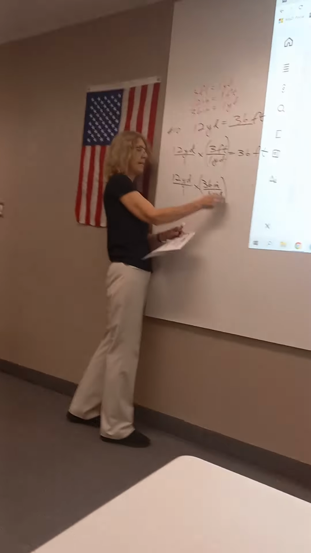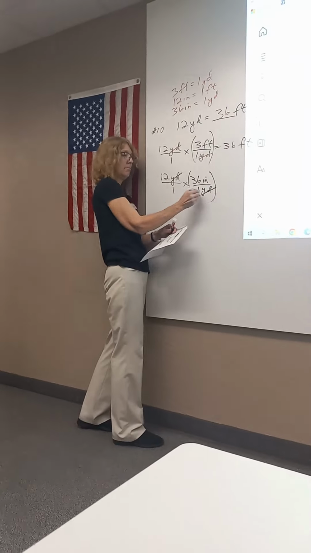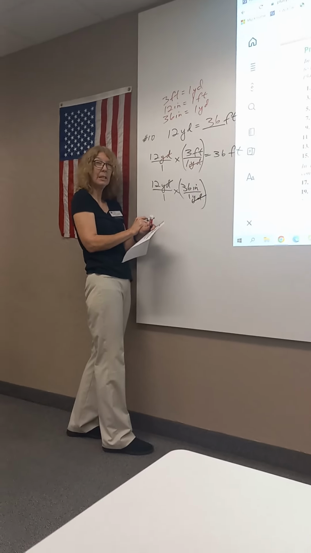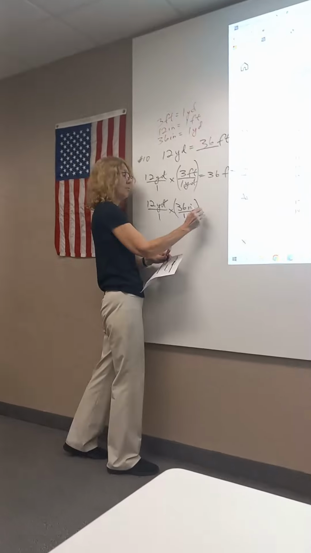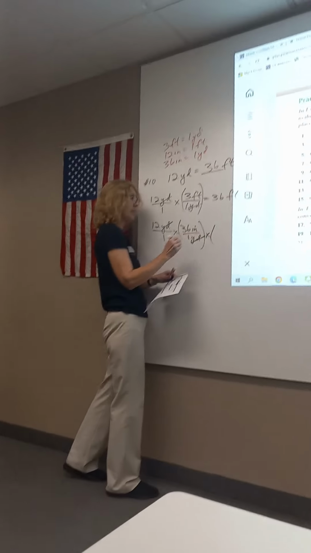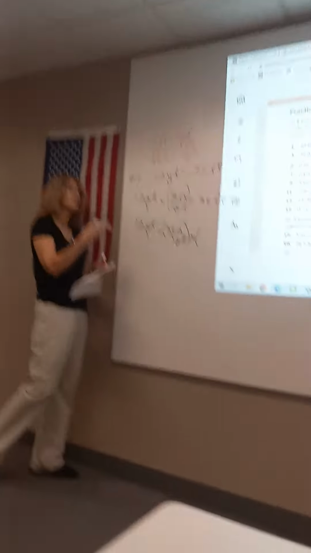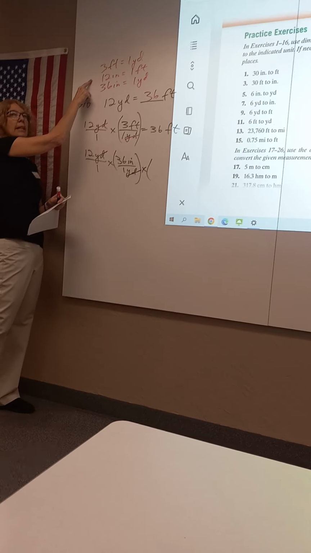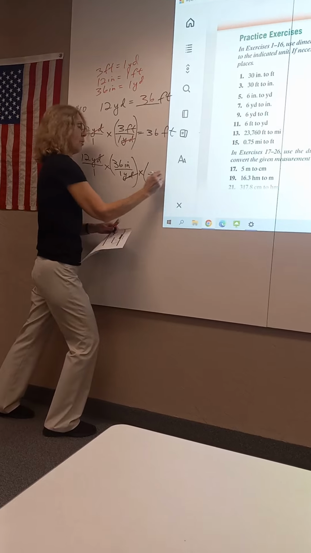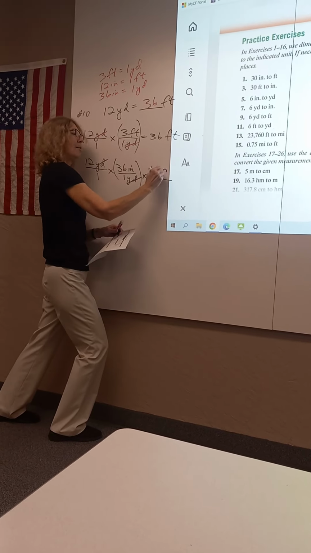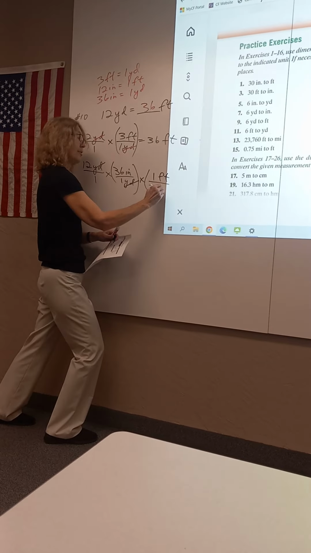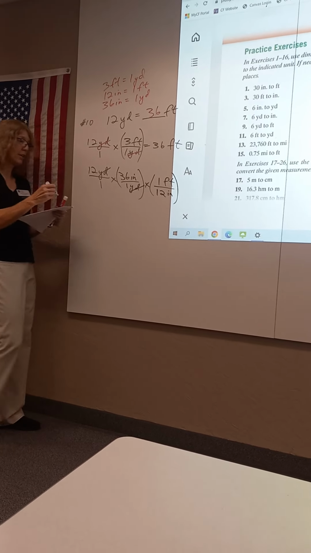At that point, I'd not have yards anymore, but I'd have inches. I would still have to multiply by another conversion to get from inches to feet. And I know that there are 12 inches in 1 foot. So I want the feet, I don't want the inches, so I would write my fraction this way.